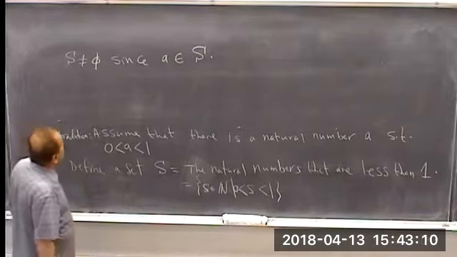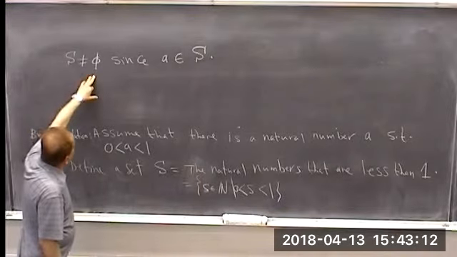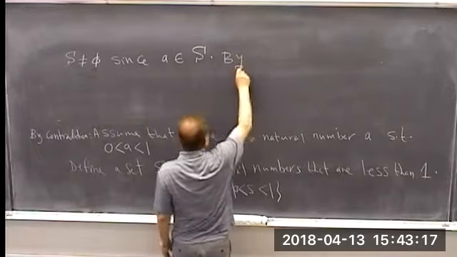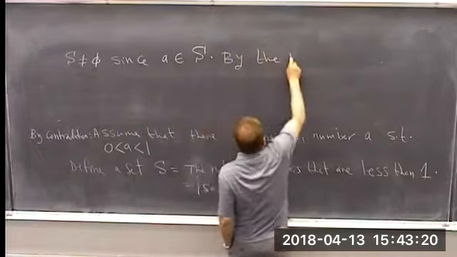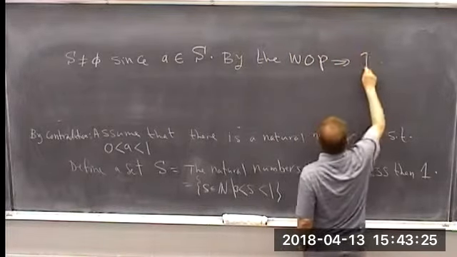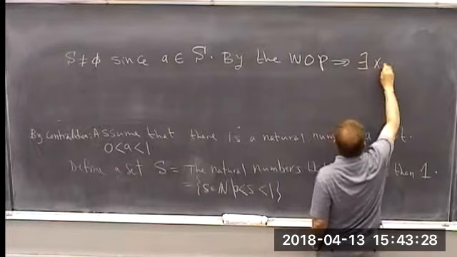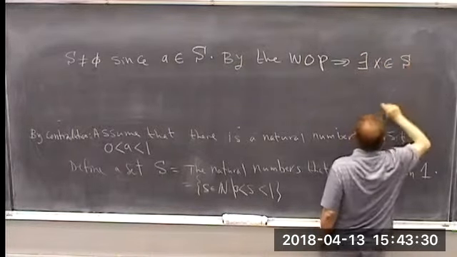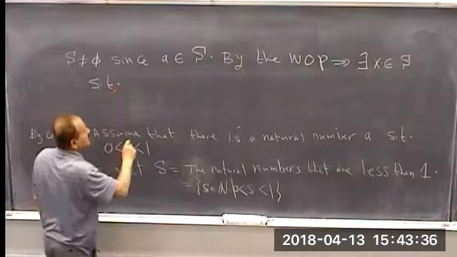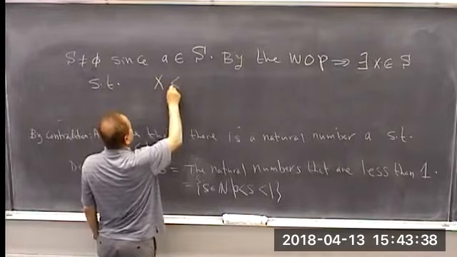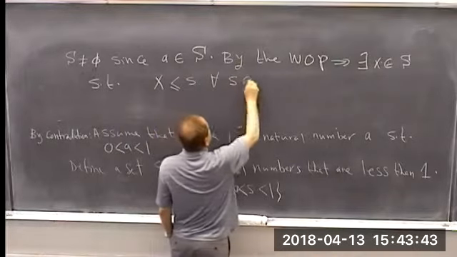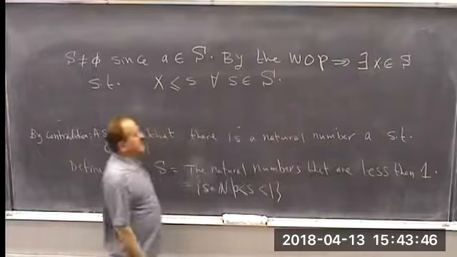Now, since S is not empty, then by the well-ordering principle, because I'm assuming this to be correct, this implies there exists an x in S that is the smallest element, such that x is less than or equal to s for every s in S. So this is the least element.